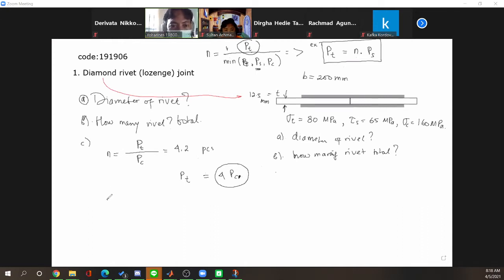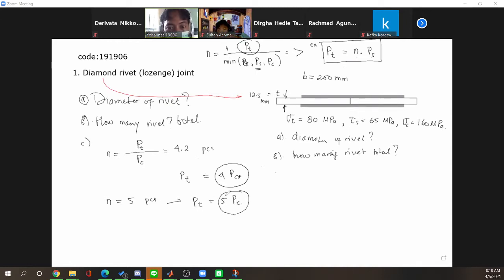So what if we choose 5 instead of 4? Is it okay for us? If we choose 5 pieces of rivet, then we have higher crushing resistance. So the failure will be on the plate, the tearing failure. The plate will crack because it has lower resistance than the crushing resistance.